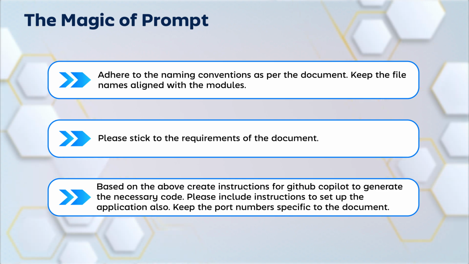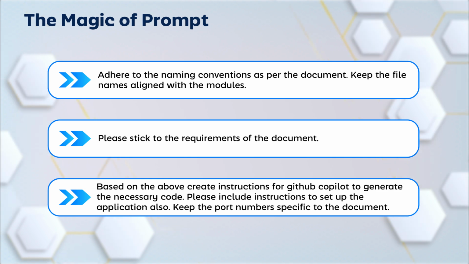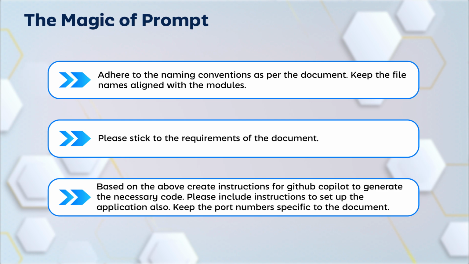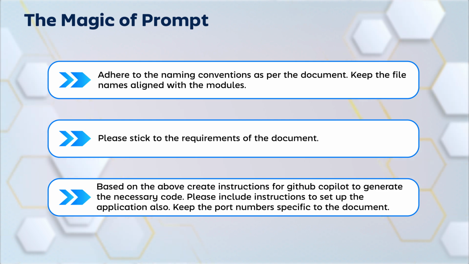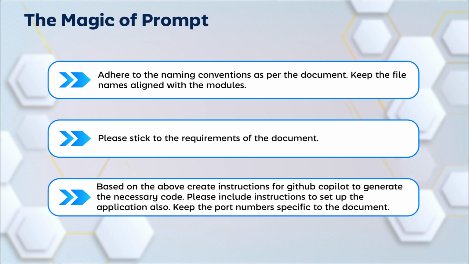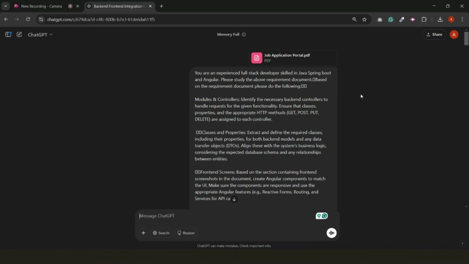Please include instructions to set up the application also. Keep the port number specific to the document. As you can see how this prompt is designed. Now in the next section, we'll be diving into how this prompt actually works and what results we will be achieving. Now as discussed, let's see it in action.